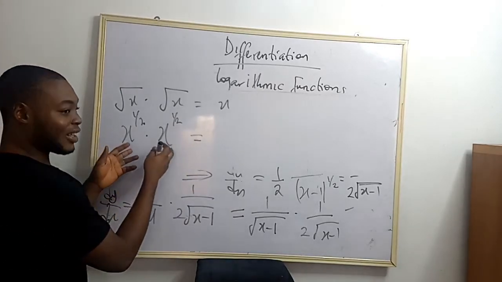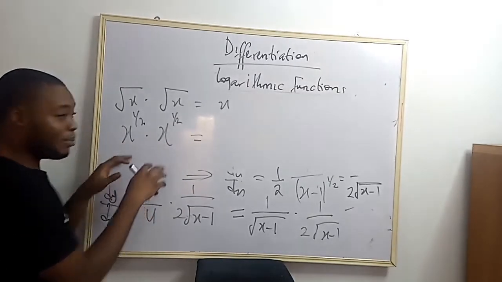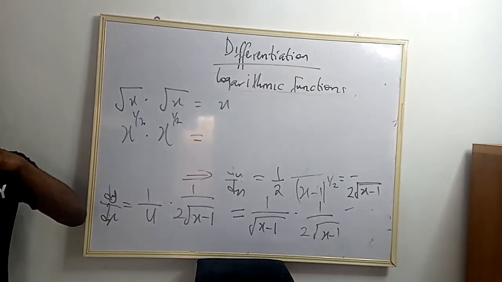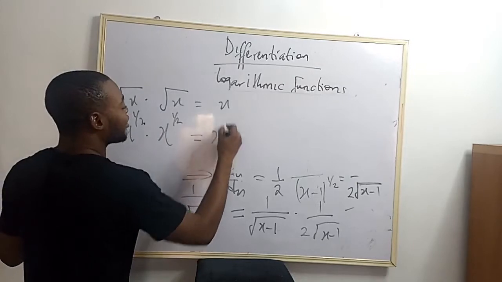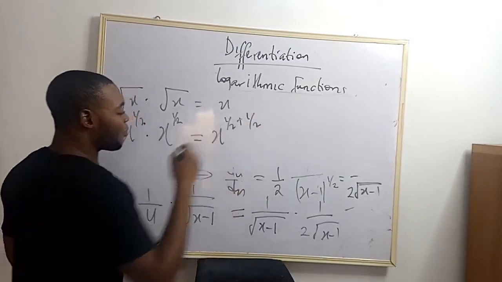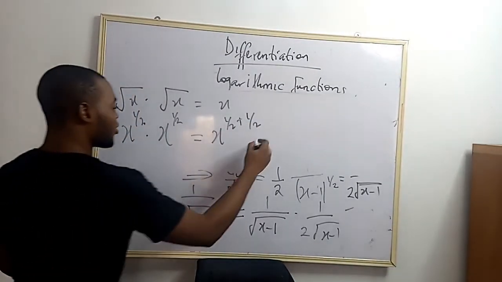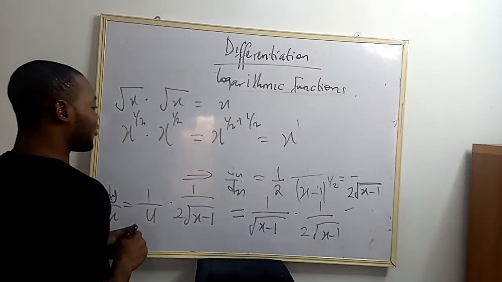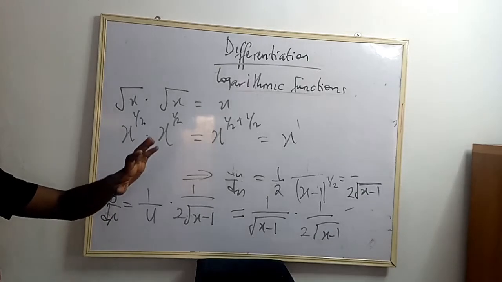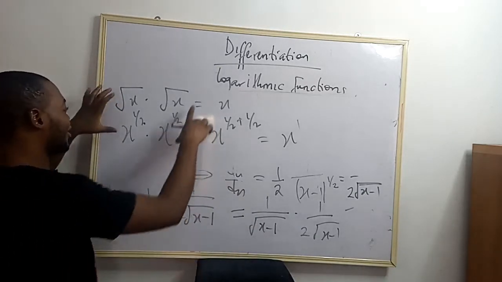Apply the rule of indices. When you have the same base, you add the exponents together. x raised to the power half times x raised to the power half is equal to x raised to the power half plus half. Half plus half is equal to what? 1. So then you're going to have x raised to the power 1.